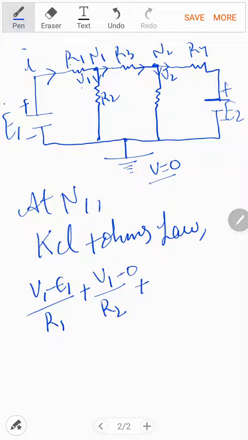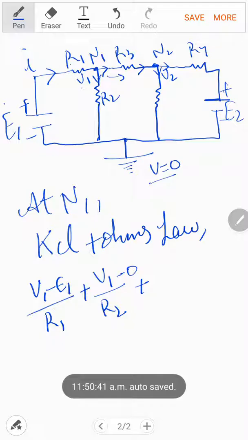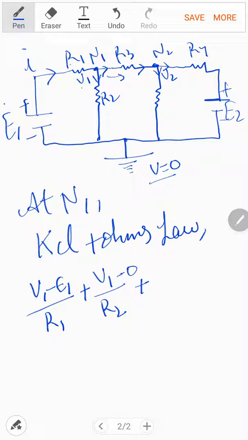Again we have another current flowing in this direction through the resistance R3. We have (V1 minus V2) divided by R, let's say this R3.